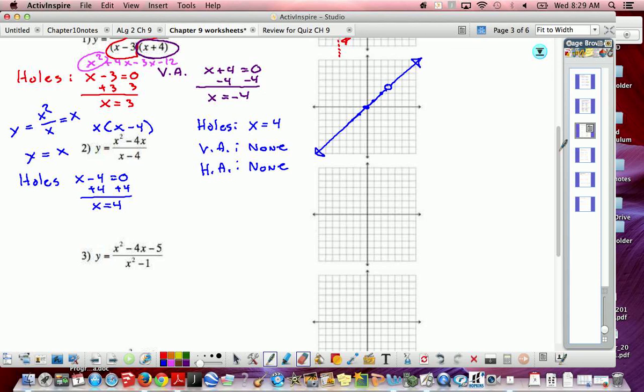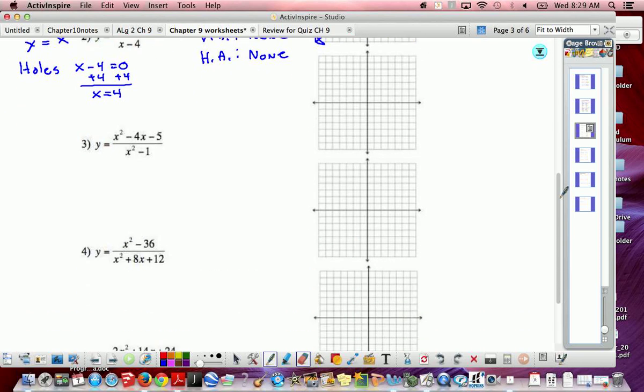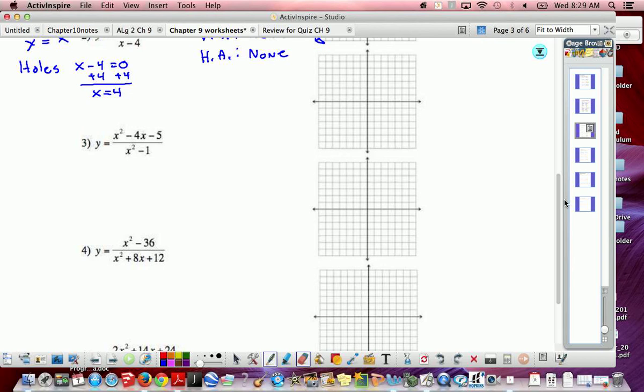All right, let's continue on. Number 3. Excuse me. So when we take a look at number 3 here, we're going to factor the top and we're going to factor the bottom. So if I factor the top, I have x minus 5, x plus 1.